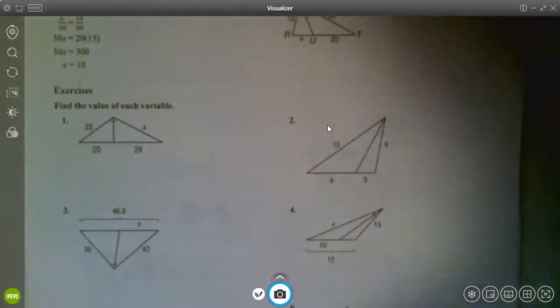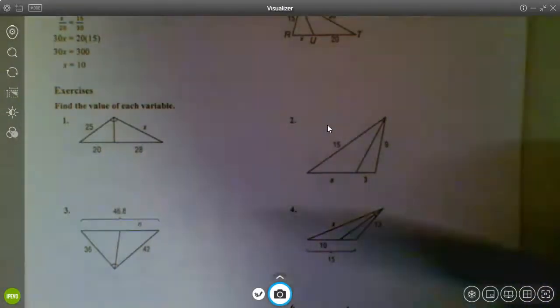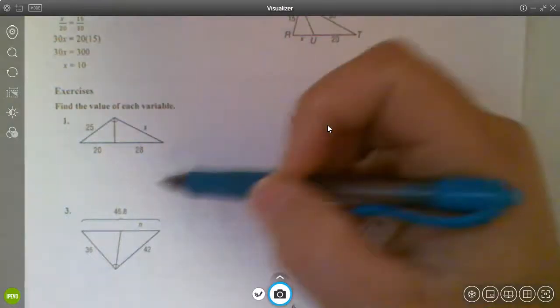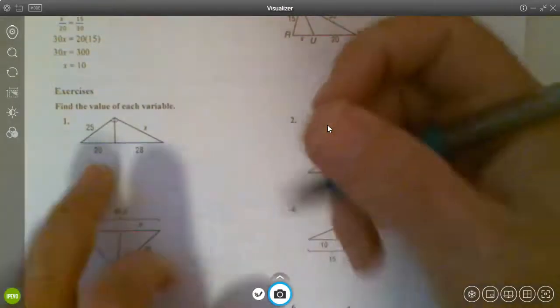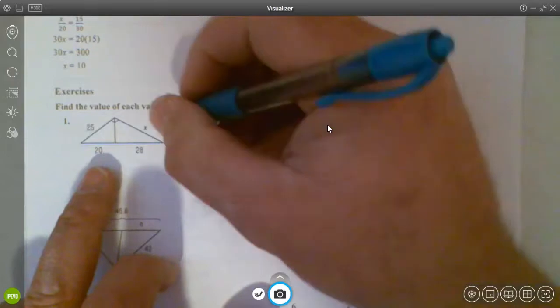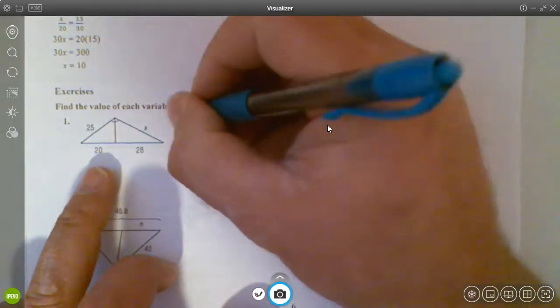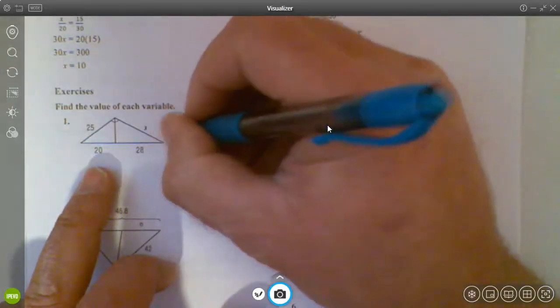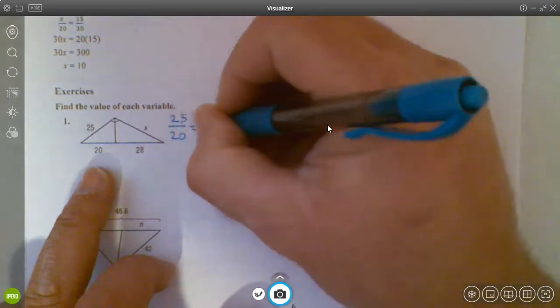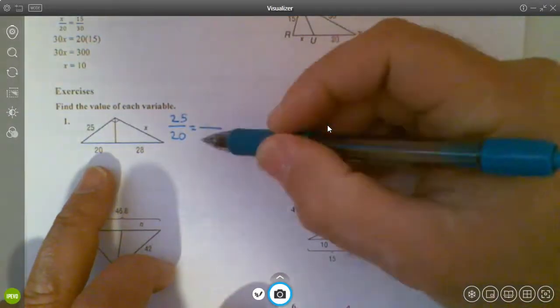So I'll go through just a couple things with you real quick and we'll be good. So again, let me quiz you the same way I did in an earlier lesson. If I set up my first ratio as 25 over 20, how would I have to set up my second ratio?